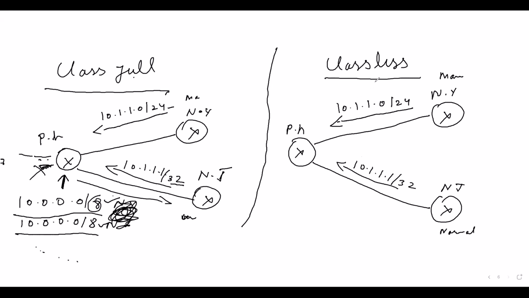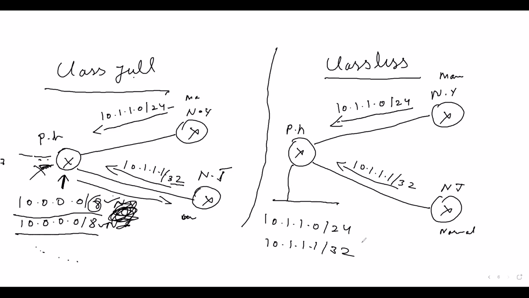So if I am using a classless routing protocol, my information will not change. It will stay the same, /24 and /32. Now my router can easily understand. I want to send a password again to my management team, which is in New York.